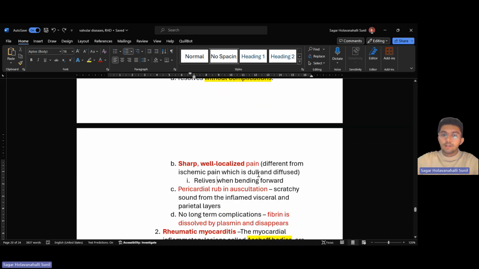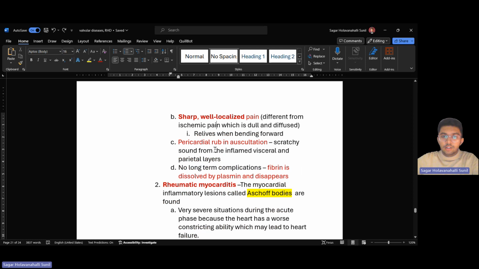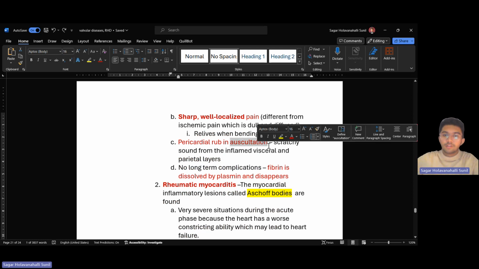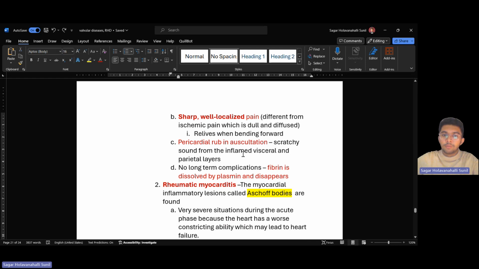The pain is sharp and well localized, in comparison to the more dull ischemic pain that can propagate to the arm and to the back in the case of ischemic heart diseases like heart attacks. Also, when you do auscultation, that rub can cause a scratchy sound to be produced.